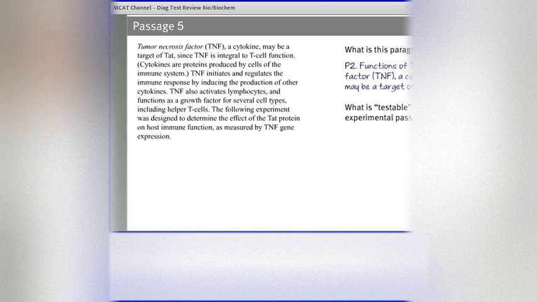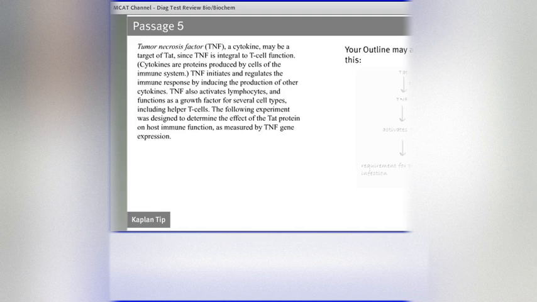And if you can pick out this clue will likely be tested, then you're doing what the best test takers do. Now again, your outline is to try and keep track of everything. So notice how this outline for paragraph 2 immediately hints to us we're going to see a question. Something about maybe targeting. I bet we're going to get a question about that.